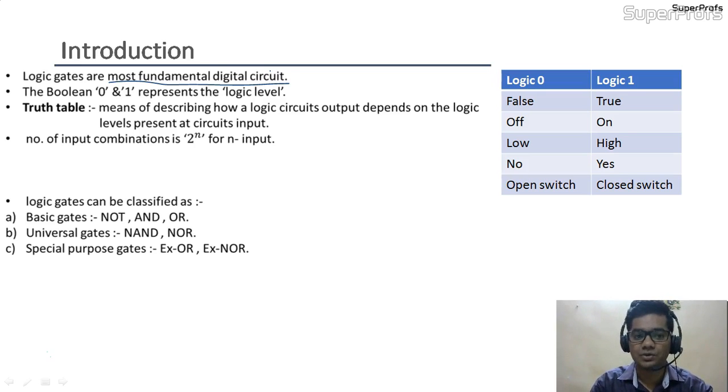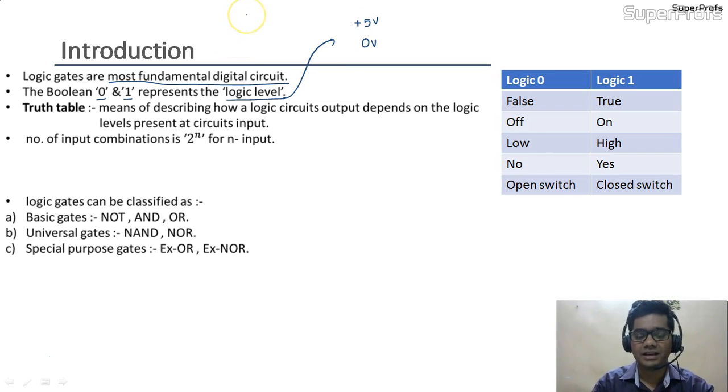The boolean 0 and 1 represents logic level. What is meant by logic level? See, in analog circuits, we see that plus 5 volts and 0 volts are the main voltage levels we are operating on.